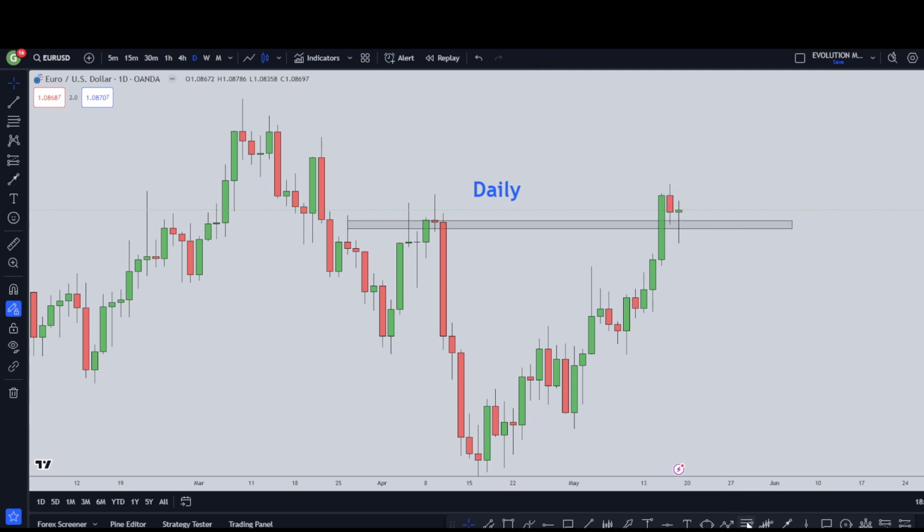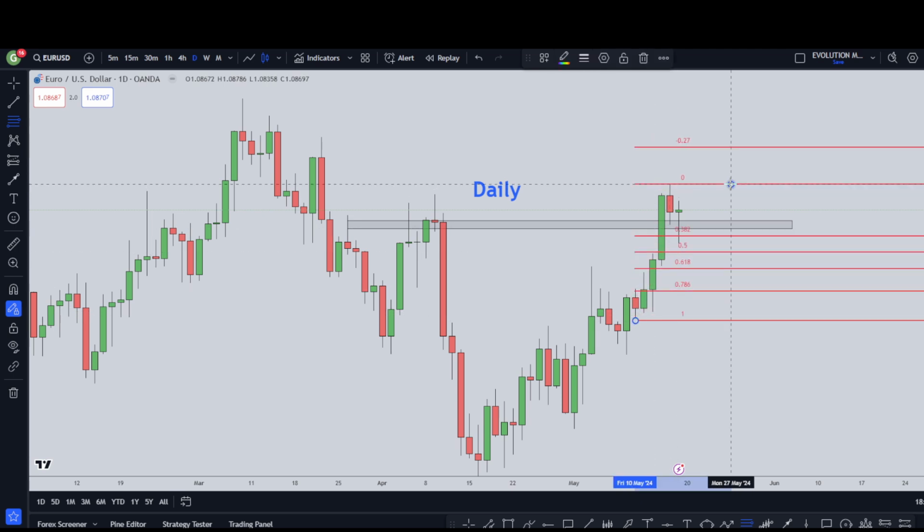And if we bring our Fibonacci tool and measure from the low of this upward move to the peak of the move, what we see is that price is testing not only this support area, but also the 38.2 Fibonacci retracement area, making a confluence of both support as well as the Fibonacci retracement area as possible rejection zones or points.